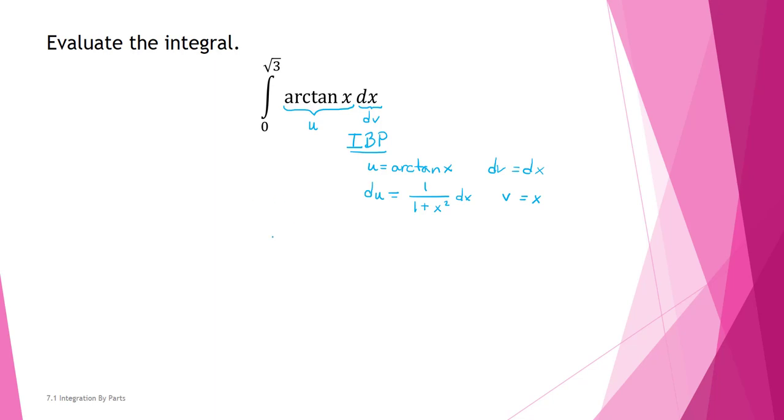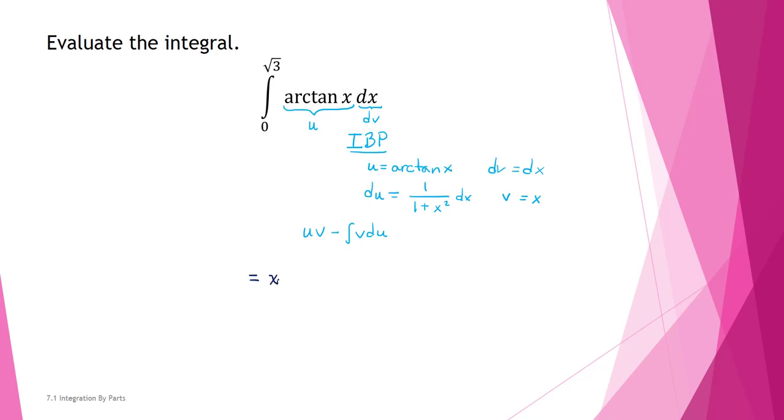Then the integration by parts formula is that the integral of u dv is uv minus the integral of v du. So our integral overall becomes u times v, which is arctangent of x times x.